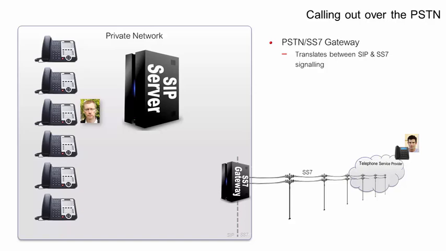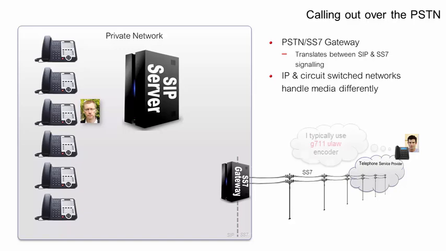Remember, the signaling gateway just translates the signaling to set up and manage the call. It doesn't handle or process any media. You see, IP networks and circuit switched networks handle media differently. In fact, they'll often use different, perhaps incompatible codecs to encode and decode the audio. So, how do we fix this media incompatibility?